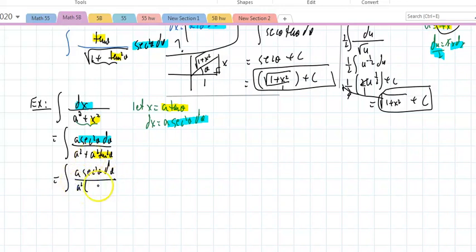Wouldn't this become a secant squared of theta d theta divided by a squared? Isn't that secant squared?